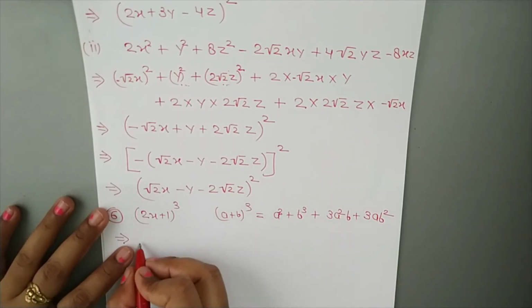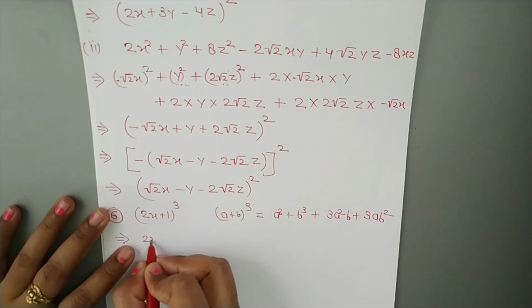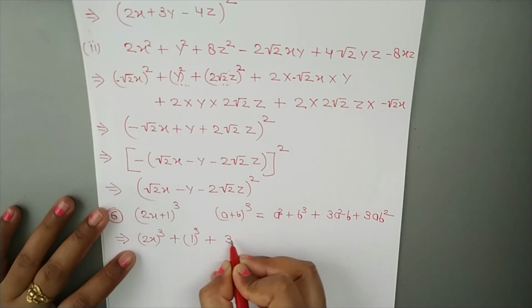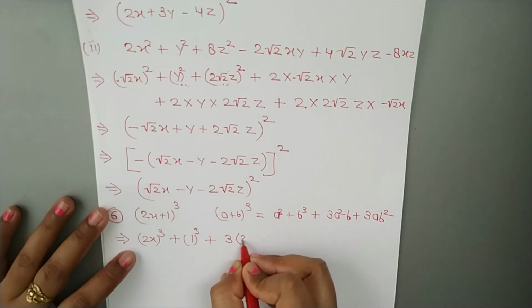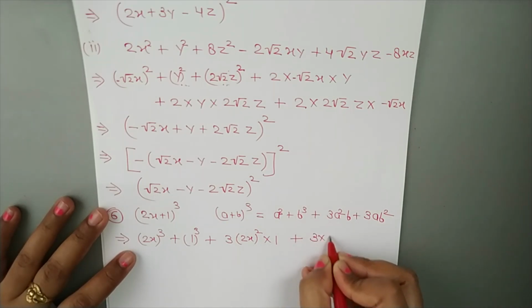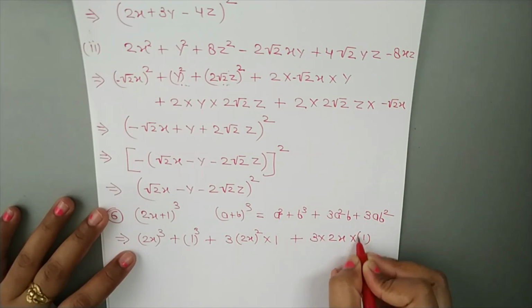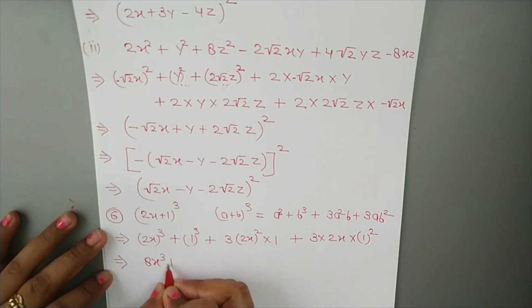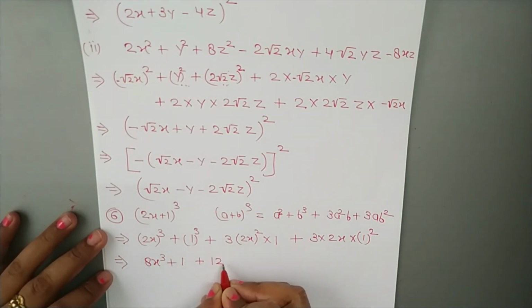So it will be 2x whole cube plus 1 cube plus 3, then a square, that is 2x whole square into 1, plus 3 into 2x into 1 whole square. So the final result will be 8x cube plus 1 plus 12x square plus 6x.